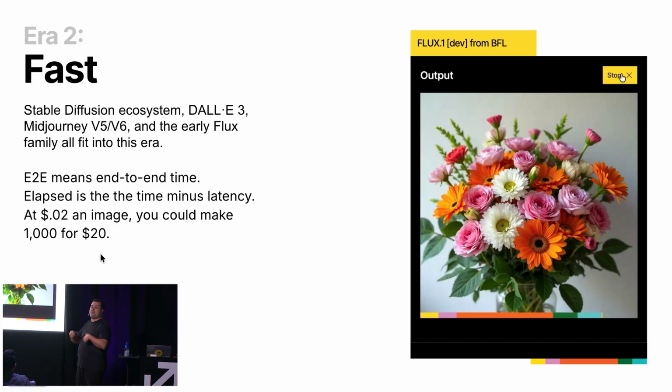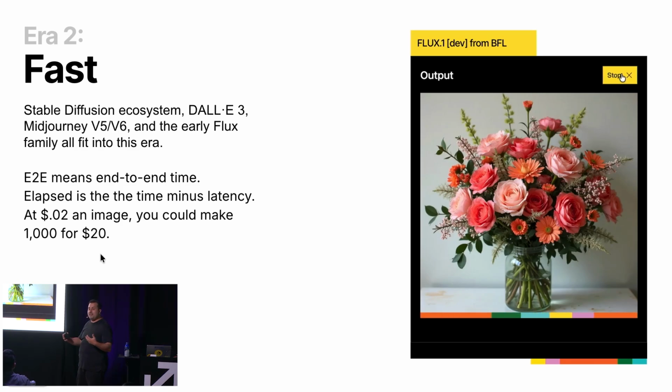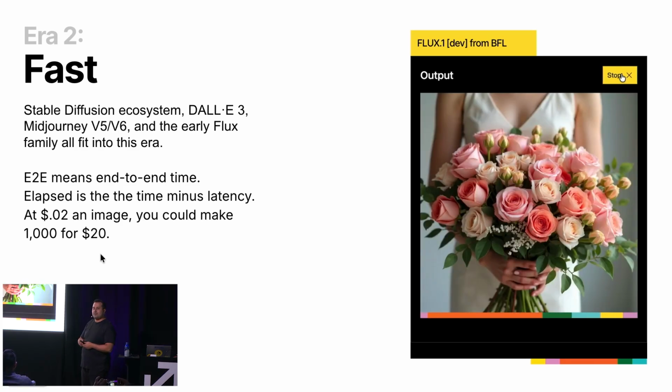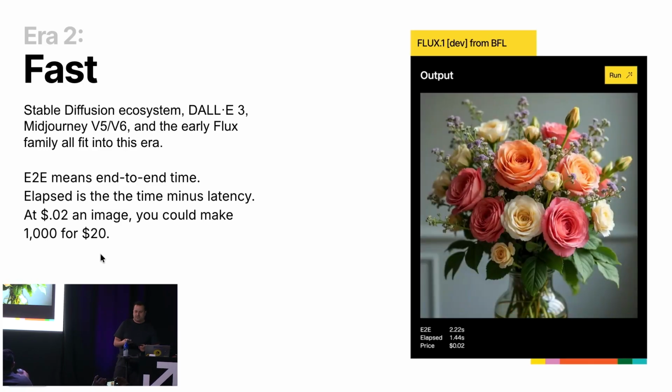Now I can maybe make 10 images in a minute, right? I'm starting to get more control over the creative process. This is the next era that we went through. And now you have 1,000 images for $20. But you're still in this loop, and it's not the full unlock.